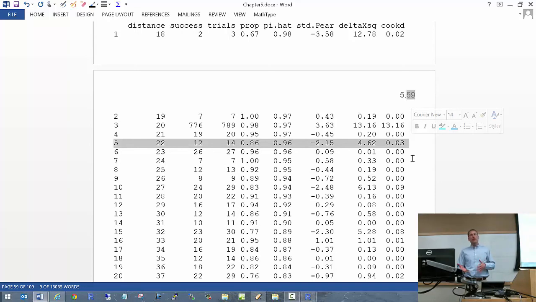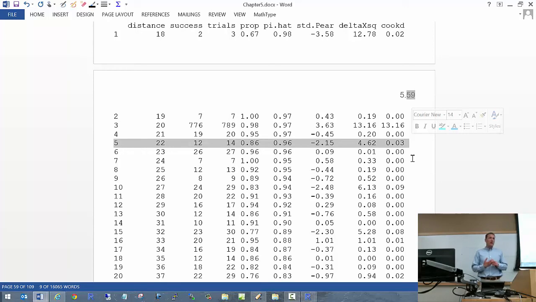But I think it's also good to think about it this way, that maybe we can't trust the standard normal approximation, because just think if I had 13 successes instead of 12. What do you think would happen to that standardized residual? Is it going to get farther away from 0 or closer to 0? It's going to get closer, right?